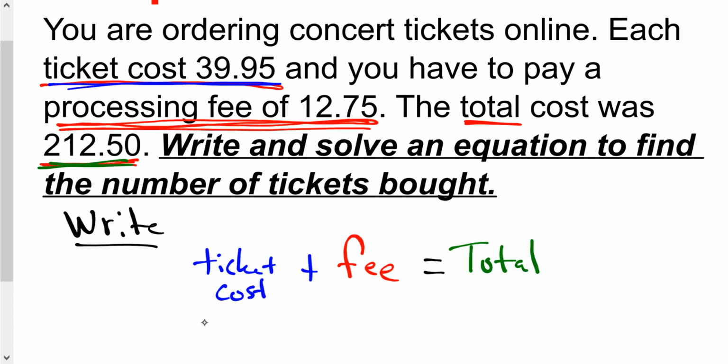The ticket costs are $39.95x, and the reason why I'm using x is because I don't know how many tickets I'm buying. The fee is $12.75, and the total is $212.50.